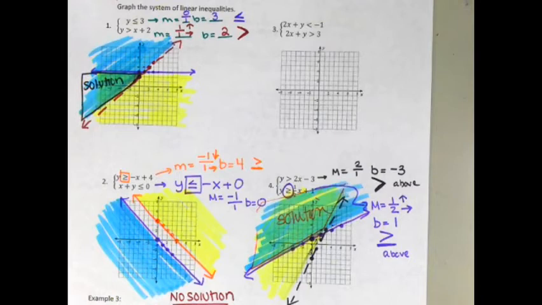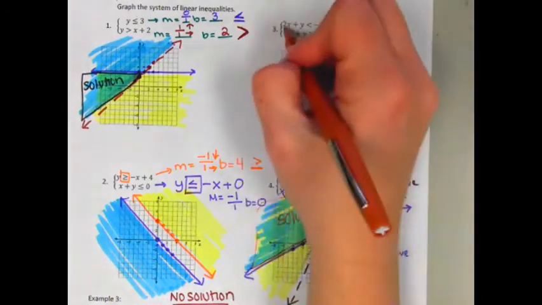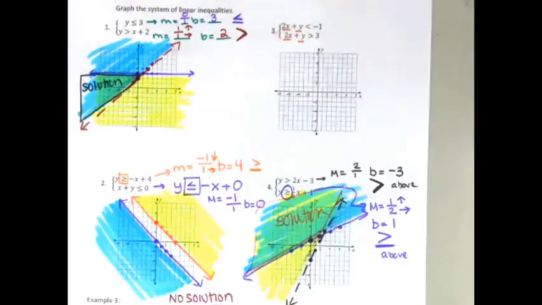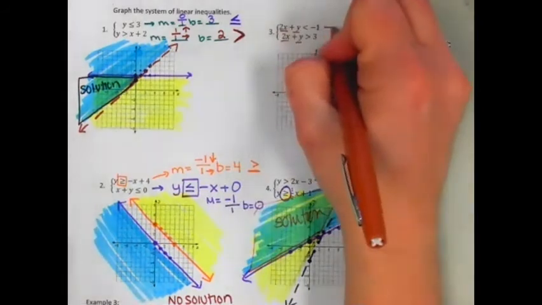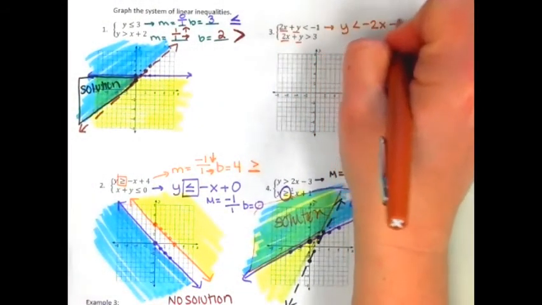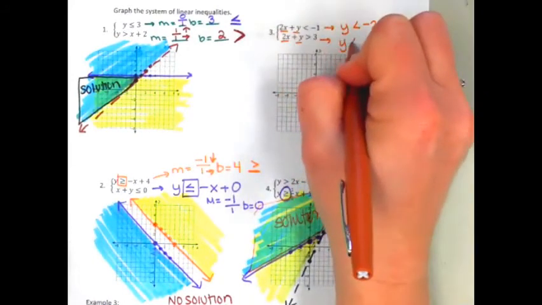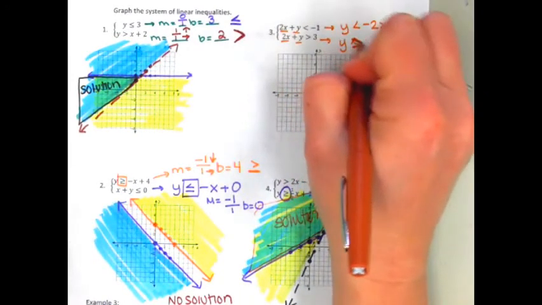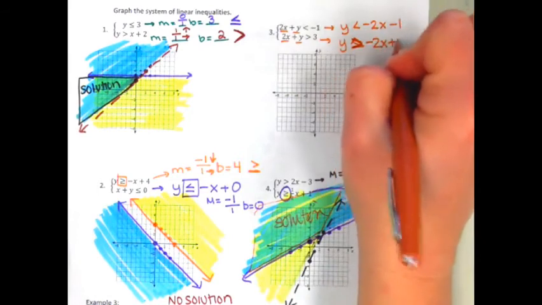They're going to be parallel. Why? Aren't my x's and the y's the exact same? Yeah. So these are going to be parallel. We can't automatically say no solution though, can we? No. All right. So how do I move 2x over on both of these? When I subtract it? So y. Oh, great. That's a greater than. Ooh, that's an ugly greater than. -2x plus 2.